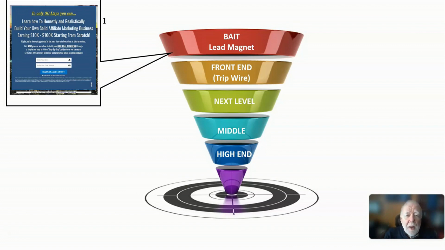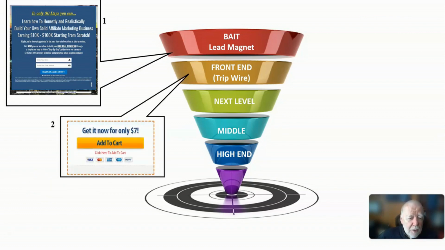Okay, now that you have their name and email address, the next step usually in a funnel is a low-cost front end, also called a tripwire. And so now, like in this case, you've got get it now for only $7, a low-cost product or service or something that they can consume for a very, very low cost.